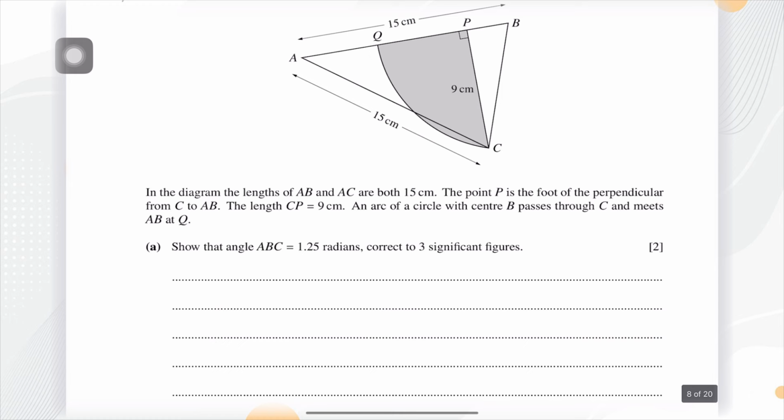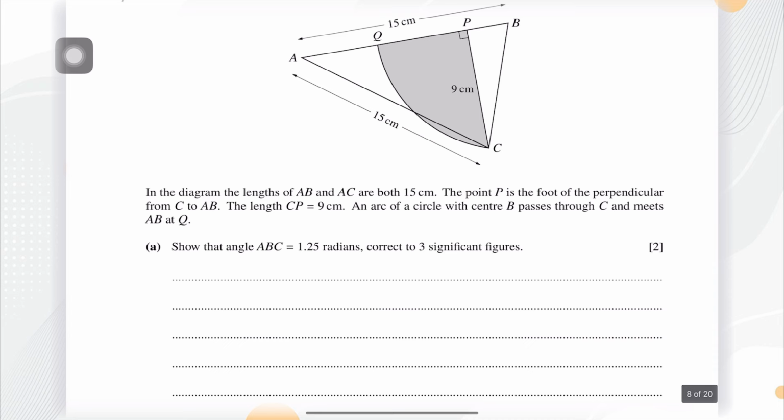Then actually we can also use the sine rule. Yeah, we can use the sine rule to find A, and then we know that this is an isosceles triangle, so we can just find the angle B. No? Okay.